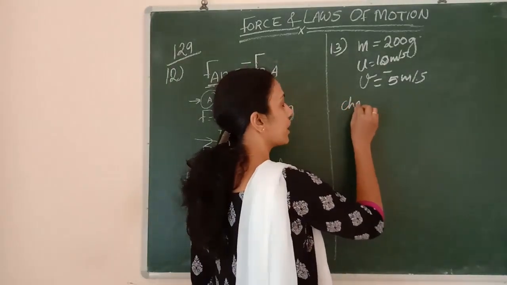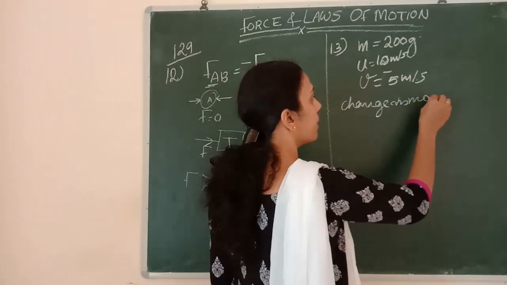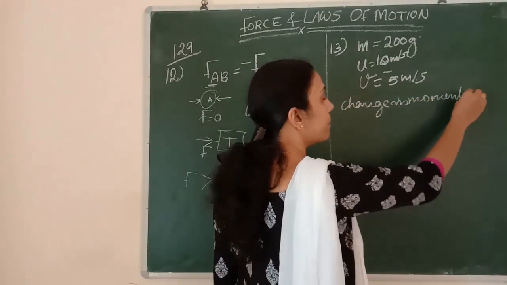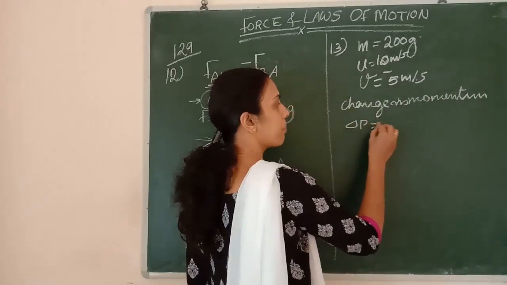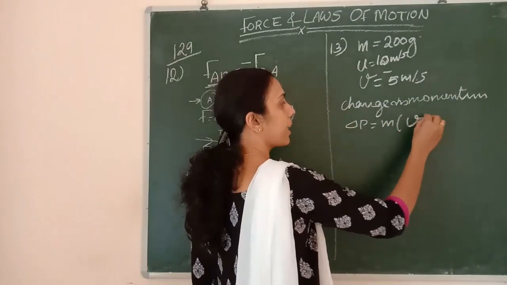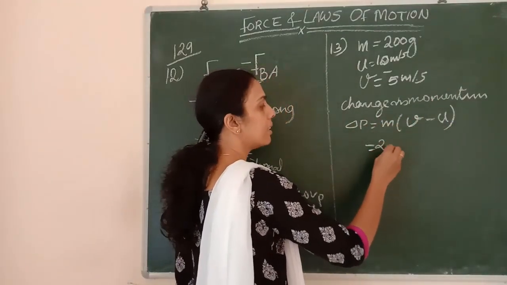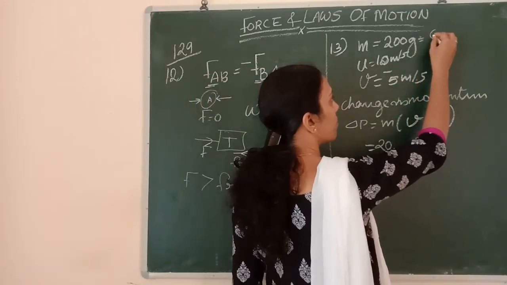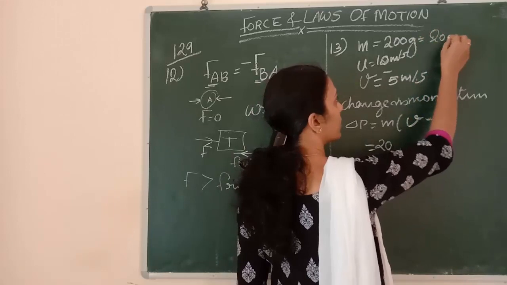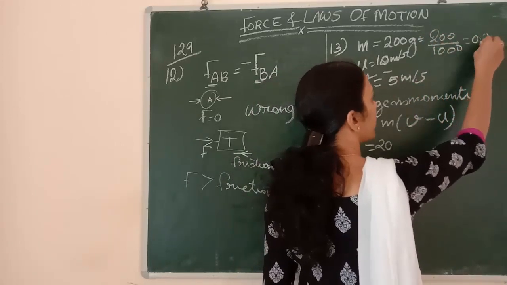Change in momentum equals final momentum minus initial momentum. How can we find momentum? P equals mv. Change in momentum, delta P, equals mv minus mu. Here m is 200 gram, we can convert it into kilogram, so 200 divided by 1000 is 0.2 kilogram.